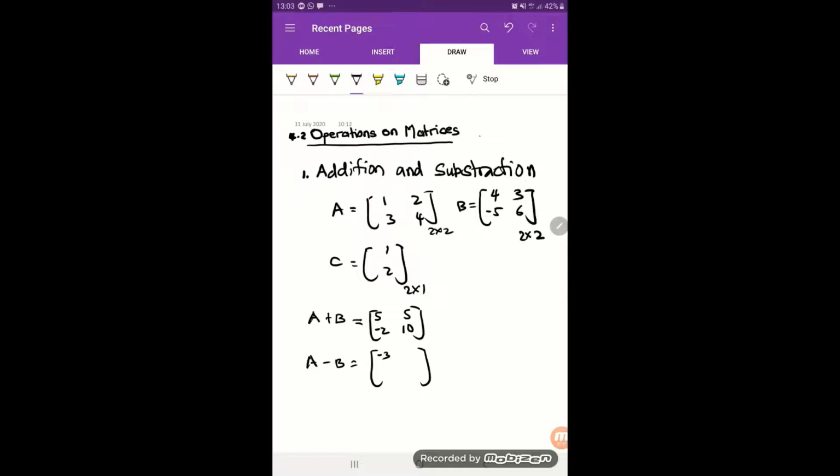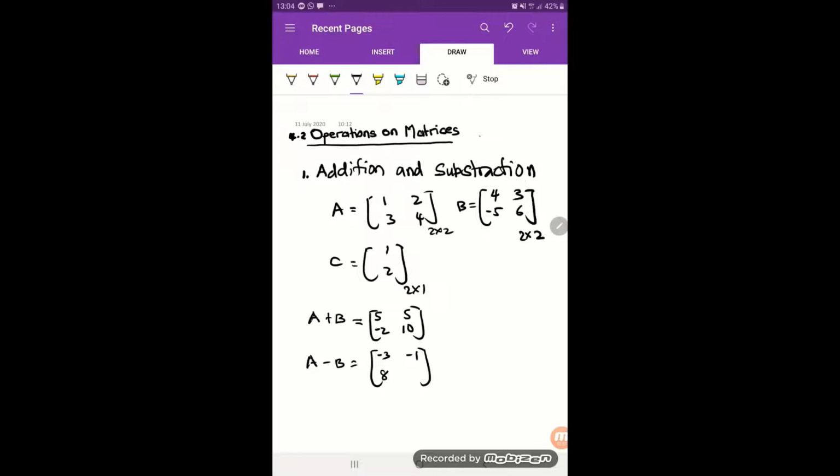The element of matrix A, A12, minus the element of matrix B, A12. That means 2 minus 3, the answer is negative 1. The element of matrix A, A21, minus the element of matrix B, A21. That means 3 minus negative 5, the answer is 8.